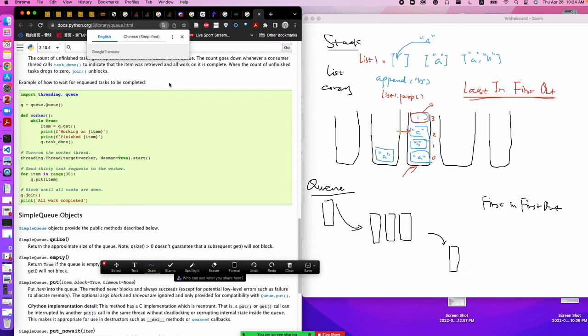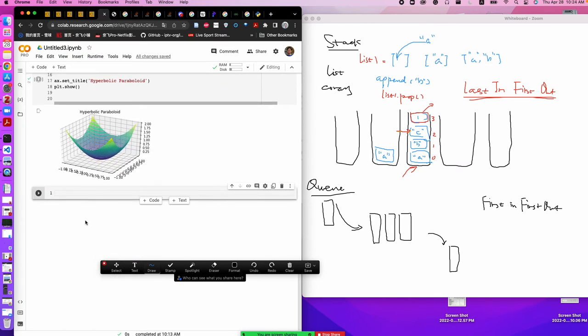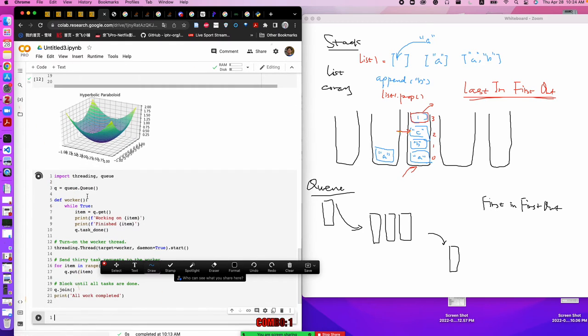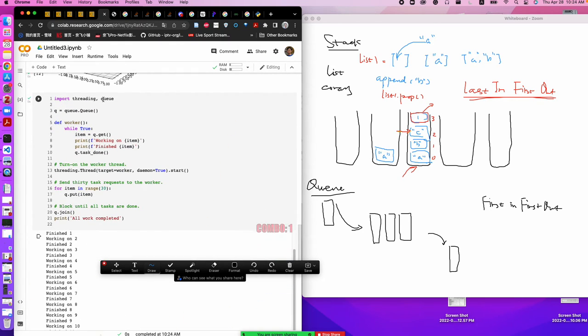Let me find some examples here. So import queue, right? Let's try this. So by using the queue, you need to import this package, and then you assign a data structure.